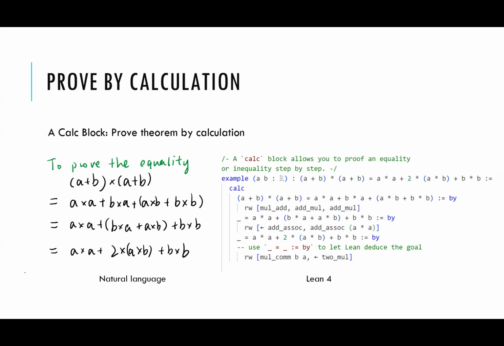The calc block works step by step, which means in this theorem we want to prove the square of a plus b, and you want to do it step by step. Maybe first you expand all the brackets. In the second step you change some of the order of the items, and in the last step you combine some of the terms, and finally you get the proof you want.